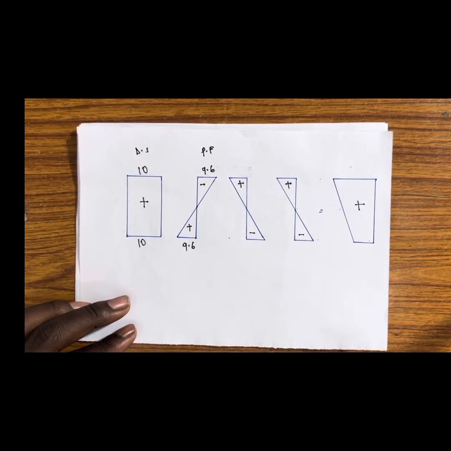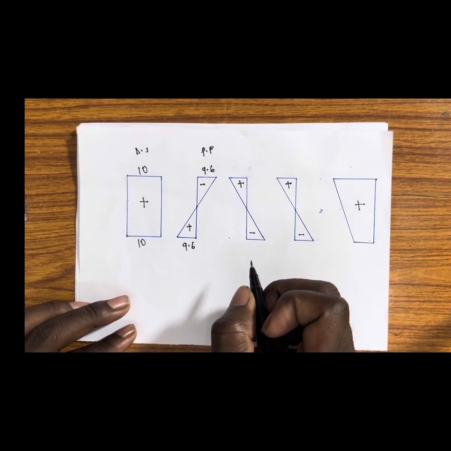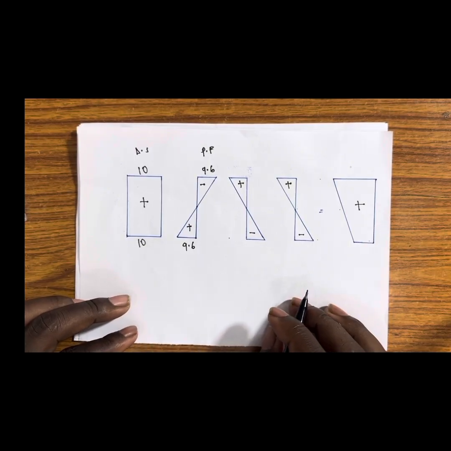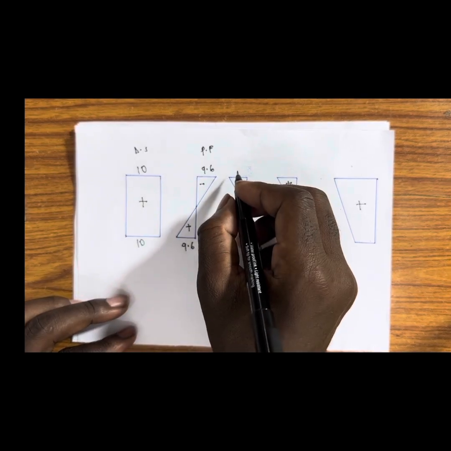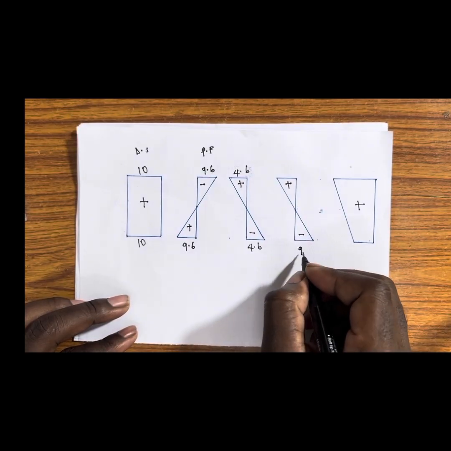The stress distribution should be drawn clearly and indicate the values. So the one that we calculated due to dead load was 4.6. So this is 4.6, and due to live load was 9.23.